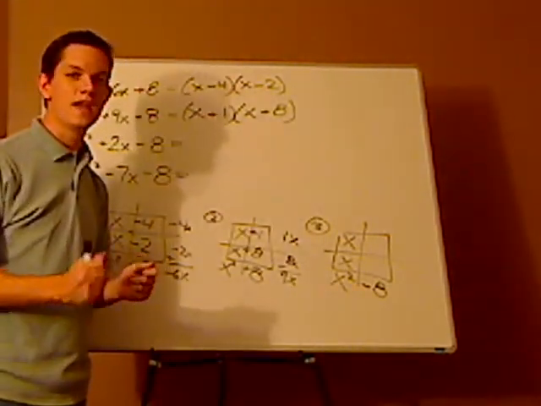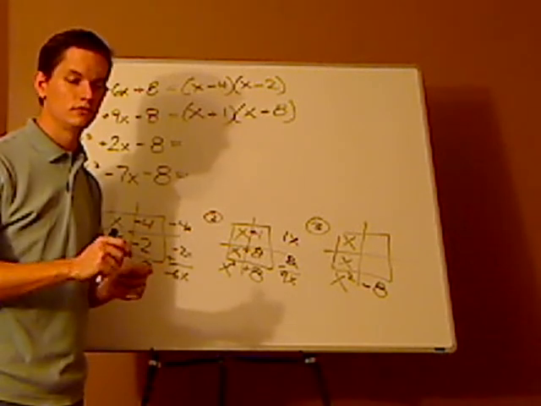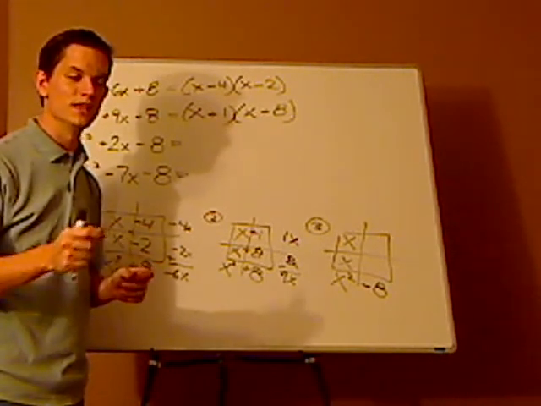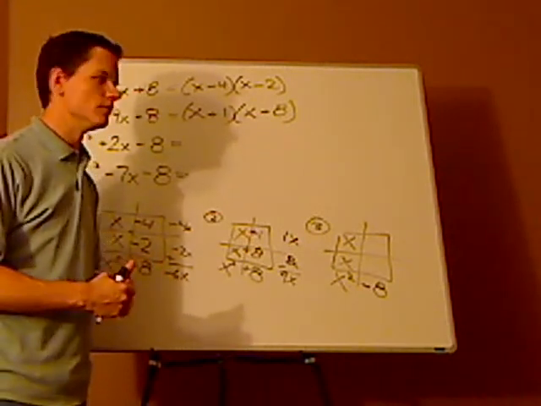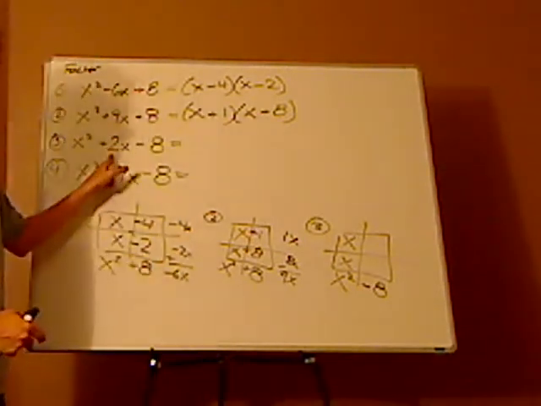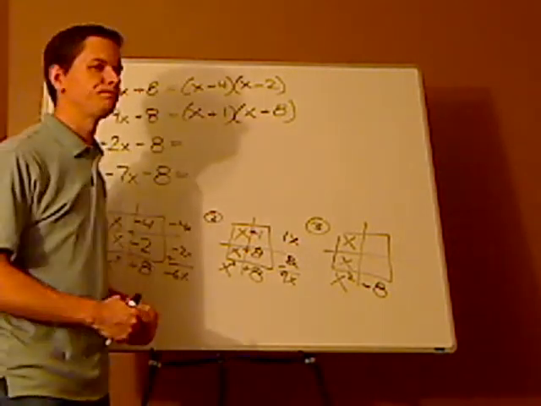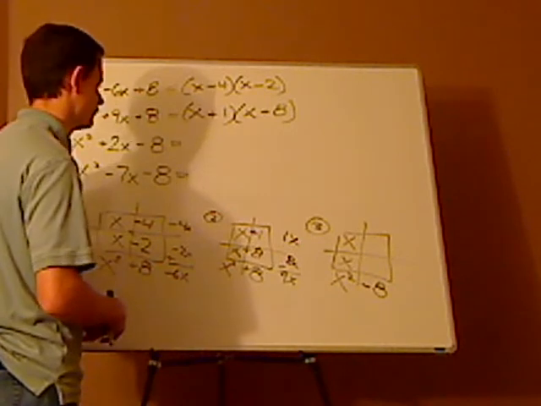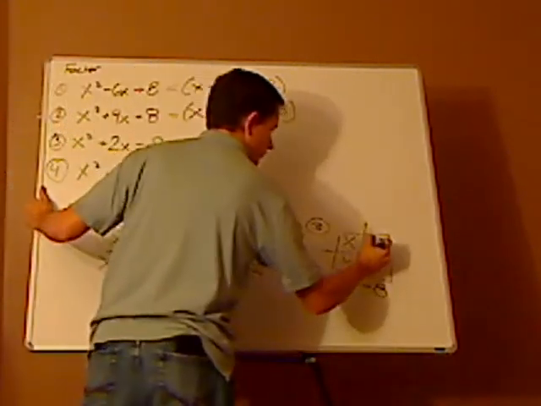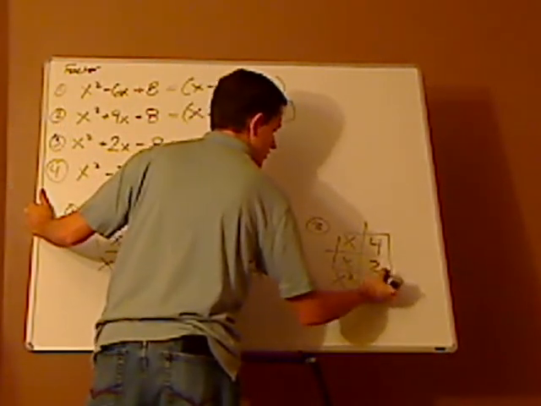Okay, what factors of 8, so what number times another number gives me a negative 8, and then when added together gives me the middle term, which is a 2x? 4 and 2.